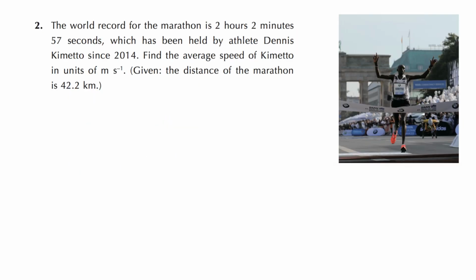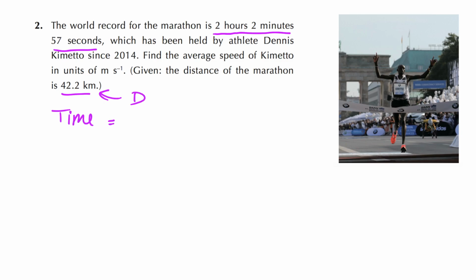Okay, and the other one, the world record of the marathon, takes 2 hours 2 minutes 57 seconds to finish 42.2 kilometers. So the distance is this one, but the time we have to convert a bit.